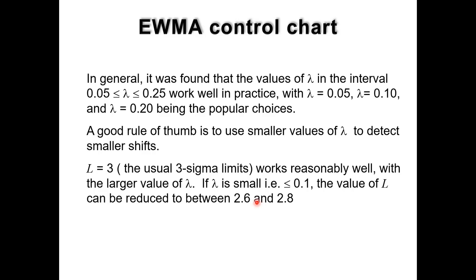That is when we use lambda equals 0.1. So the smaller your lambda, the smaller should be your L, and this small means the value should be from 2.6 to 2.8. The larger one will be equal to 3. The normal is equal to 3, especially if your lambda is large.